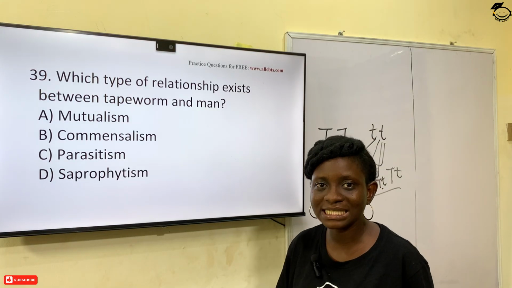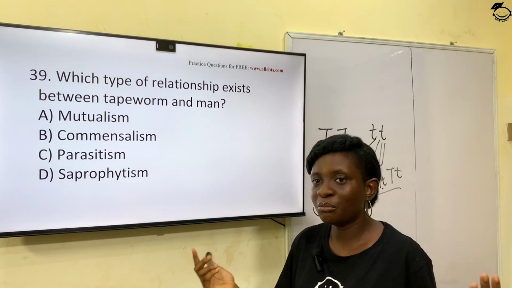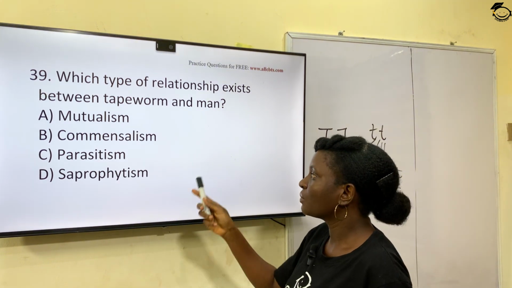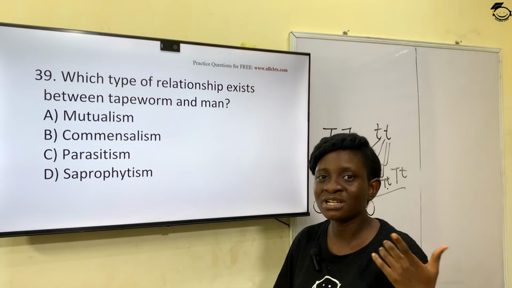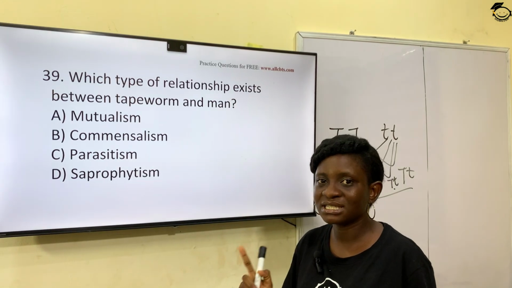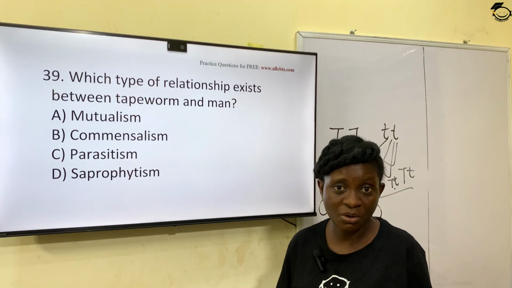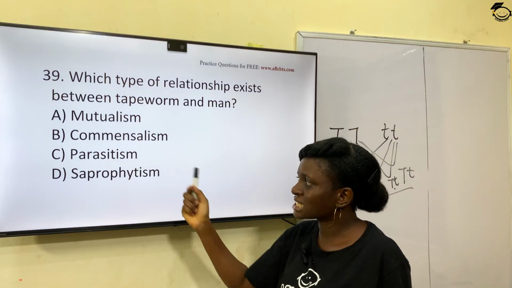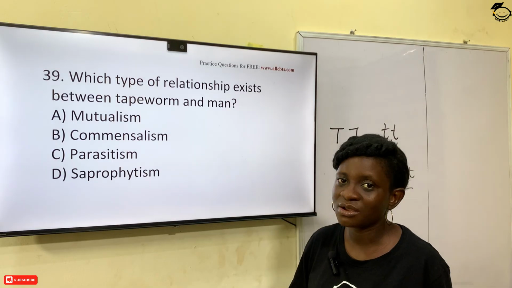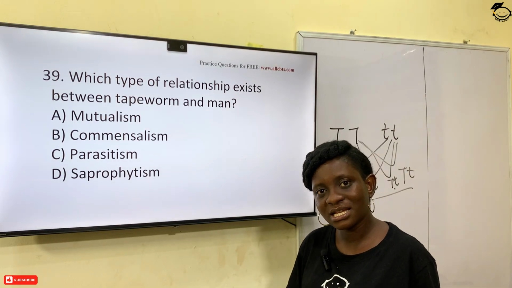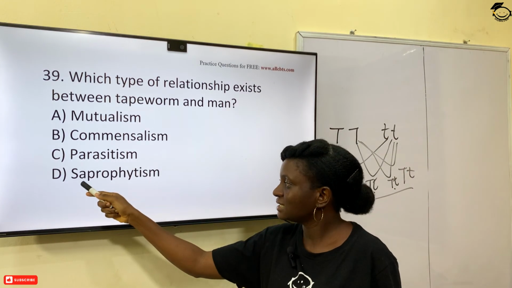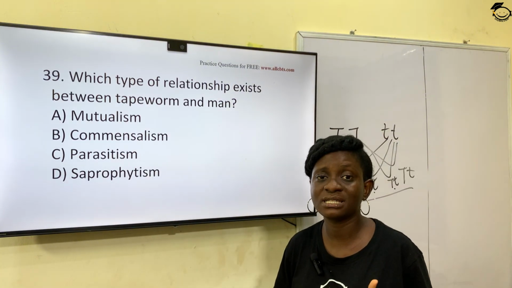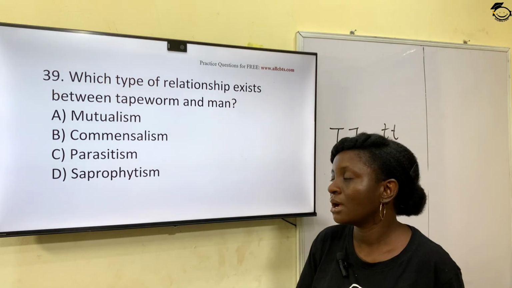We have mutualism, that means both parties are benefiting from each other. We have commensalism, one is benefiting while the other is not benefiting, but it's not causing any harm to the other party. But parasitism, one is benefiting while the other party is suffering. Then saprophytism, that means feeding on dead organic matter.